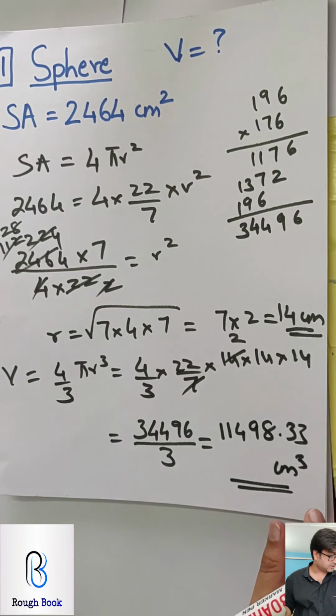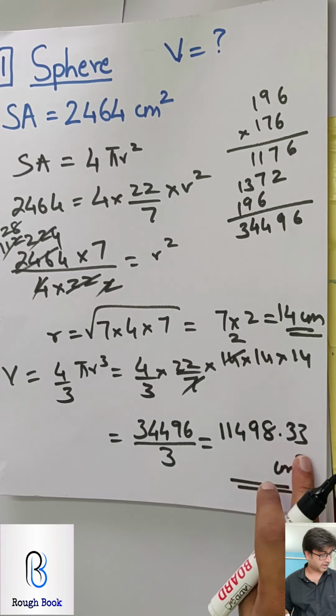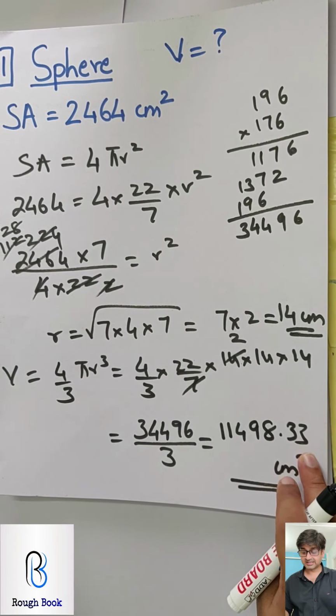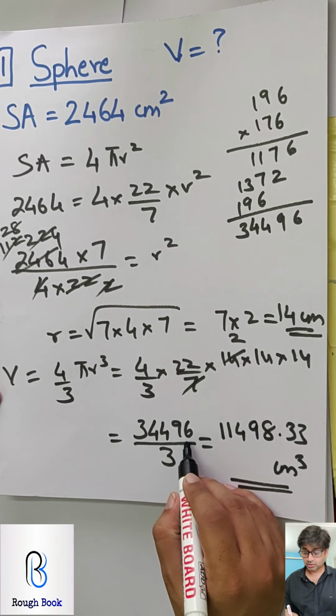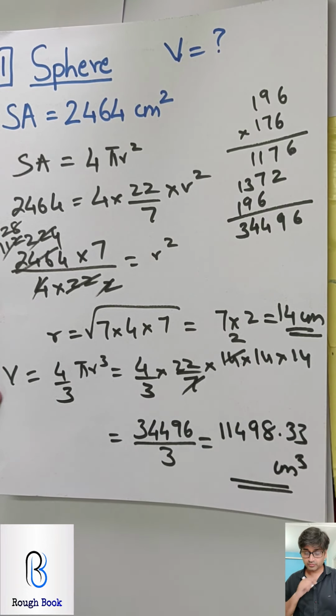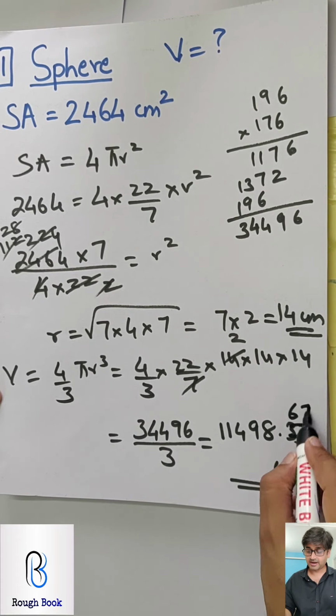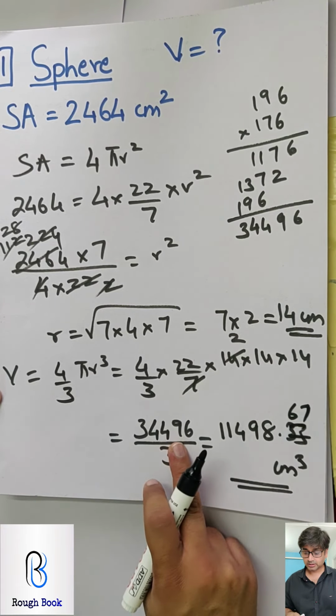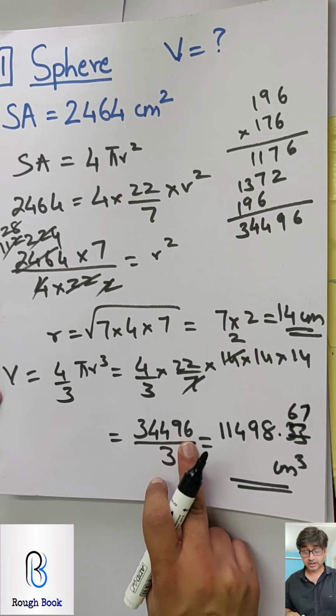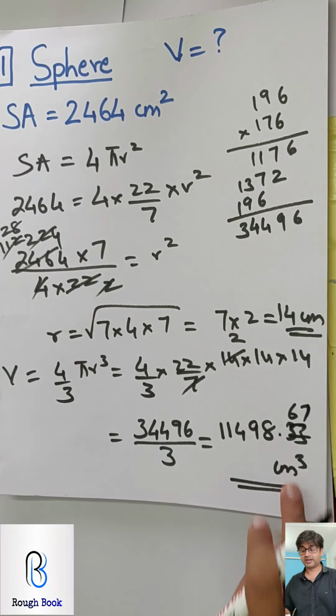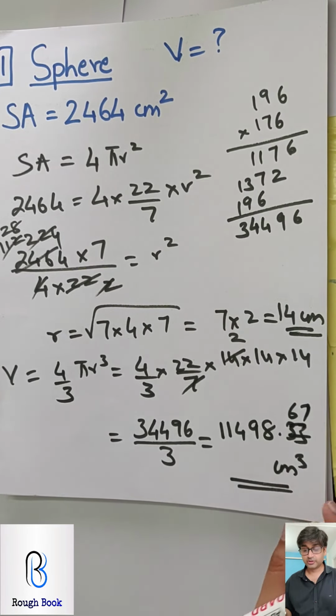So this is 20C, sum number 1, 11498.67, not 0.33. So maybe something is wrong over here. No, that's correct. So this will be 67. My bad, I'm sorry. So 67. That's correct. See, good, we checked it.